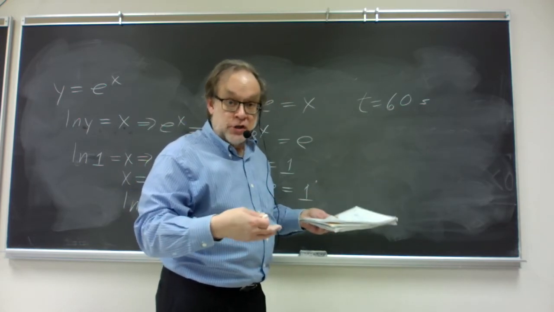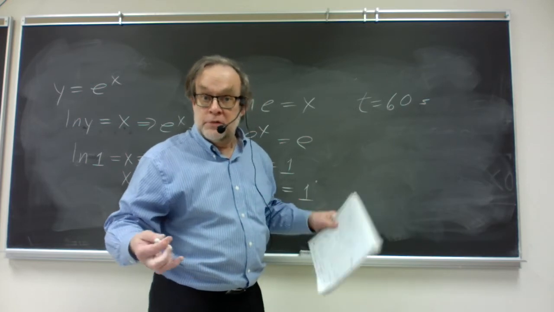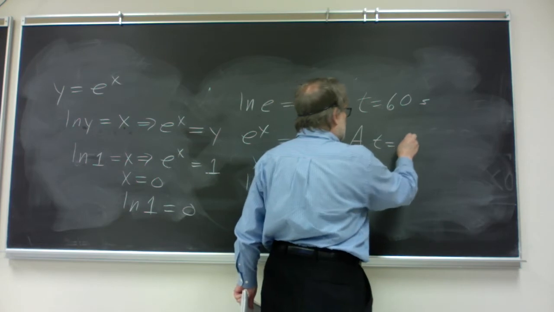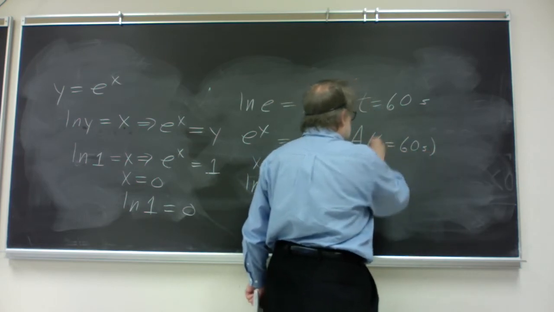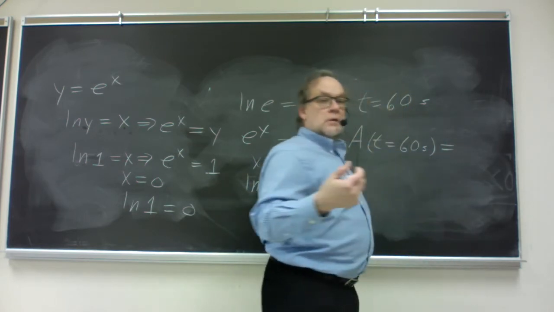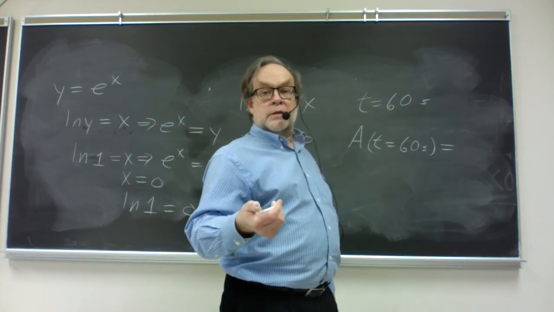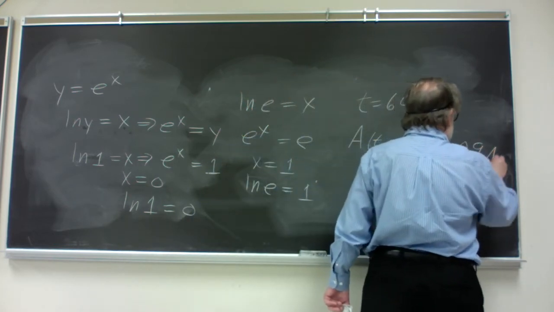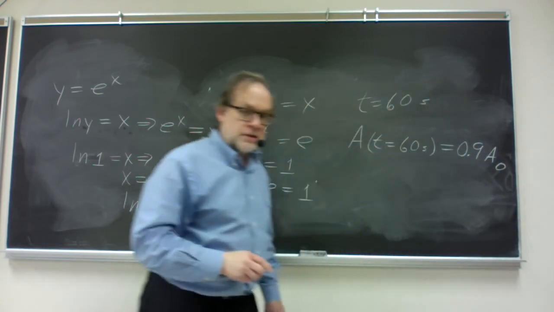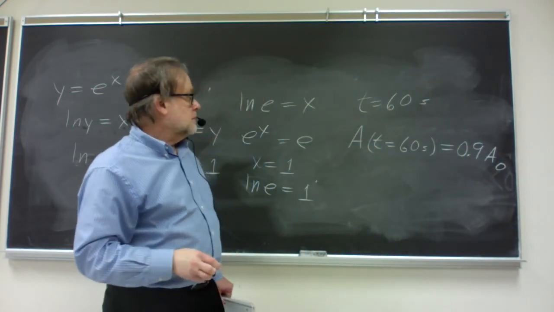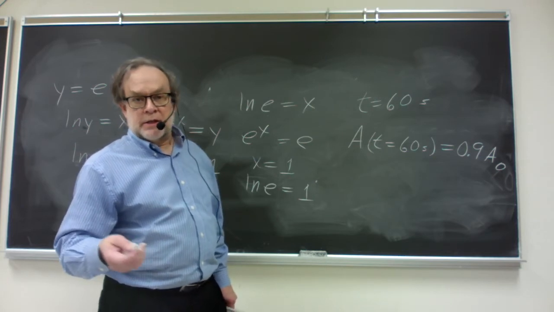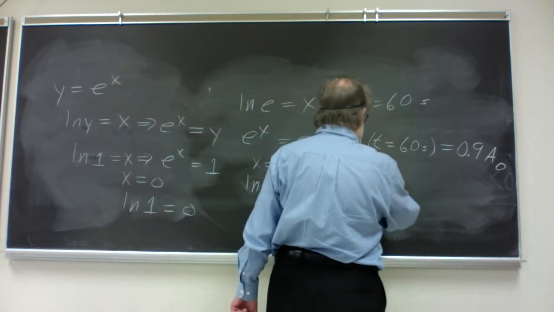The amplitude is now just 90% of what it had started out as. In other words, the amplitude at a time of 60 seconds is 9/10 of what it had been at the start. And that's enough information to figure out what the time constant is in that particular case.